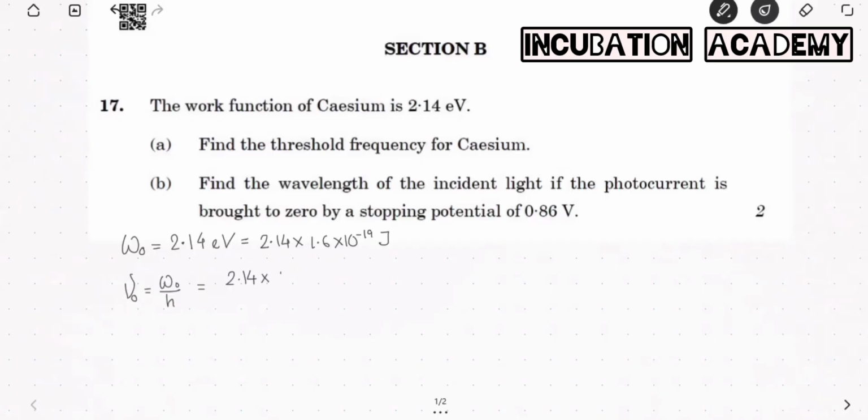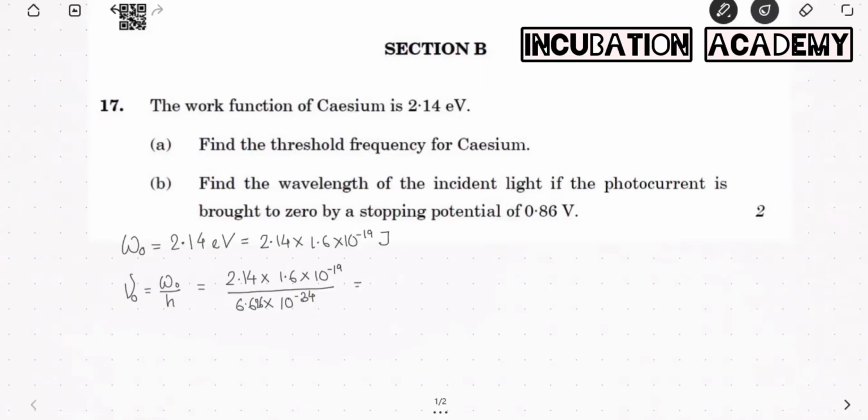multiplied by 1.6 into 10 to the power minus 19, divided by the value of h, which is Planck's constant, 6.6 multiplied by 10 to the power minus 34. So we have 1.6, 2.14, 6.6.